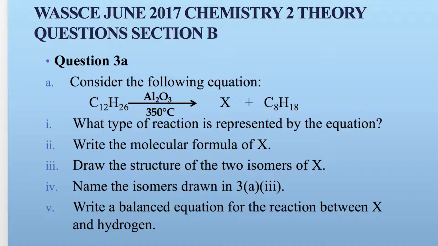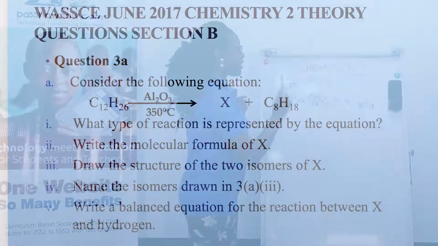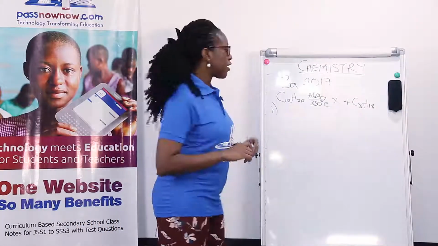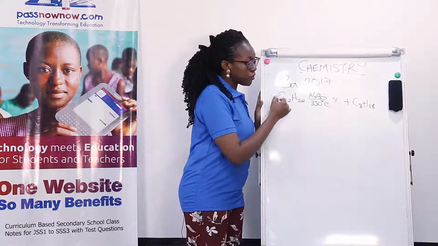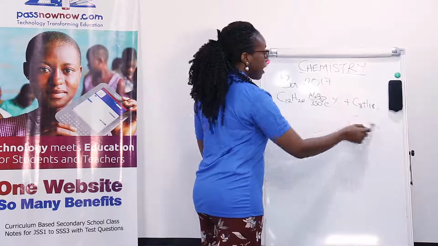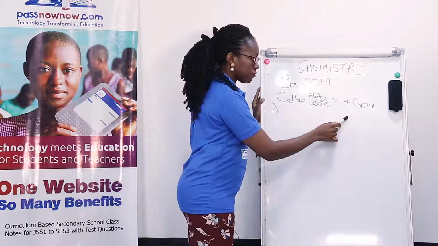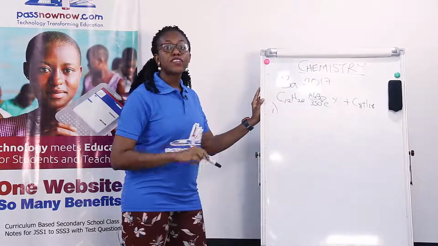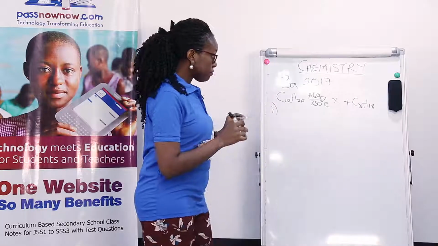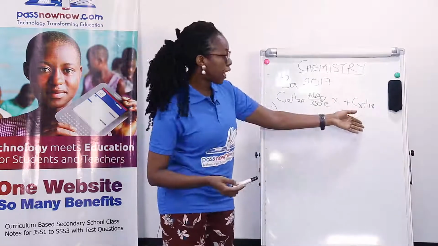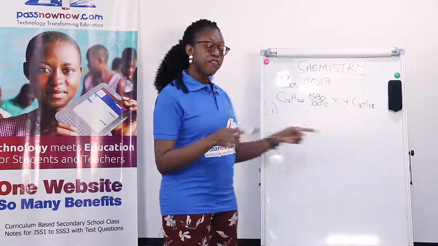The first question asked, what type of reaction is this? Now, how can we determine what reaction this is? We know that one hydrocarbon is being broken down to another hydrocarbon. This has to be a cracking reaction. A cracking reaction involves the breaking down of a larger hydrocarbon into lighter hydrocarbons in the presence of a catalyst.